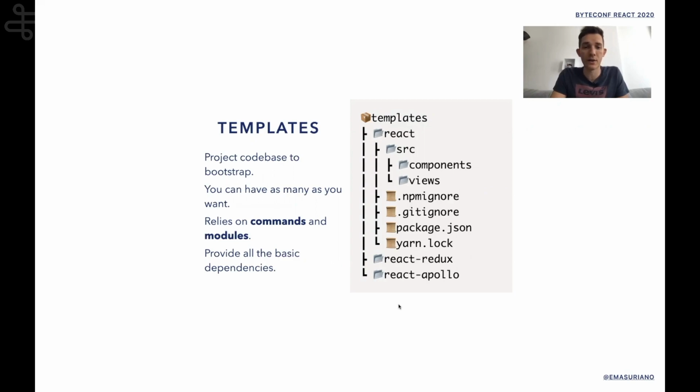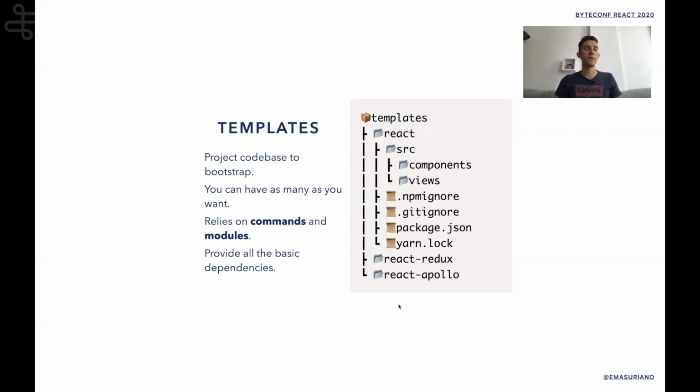The second point, as I mentioned before, you can have as many as you want, so there's no restriction there. They rely on commands and modules, and we are going to see what they are, and then provide all the basic dependencies. When I say basic dependencies, it is the minimal amount of stuff that you really need in order to work.